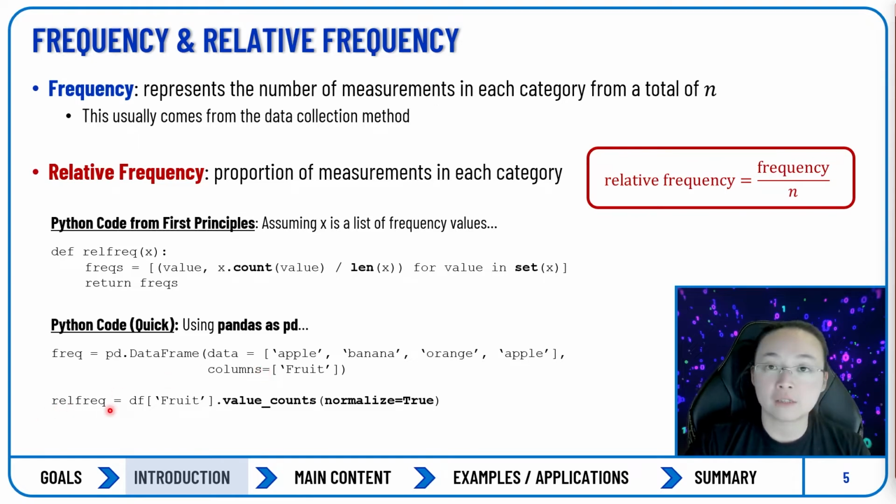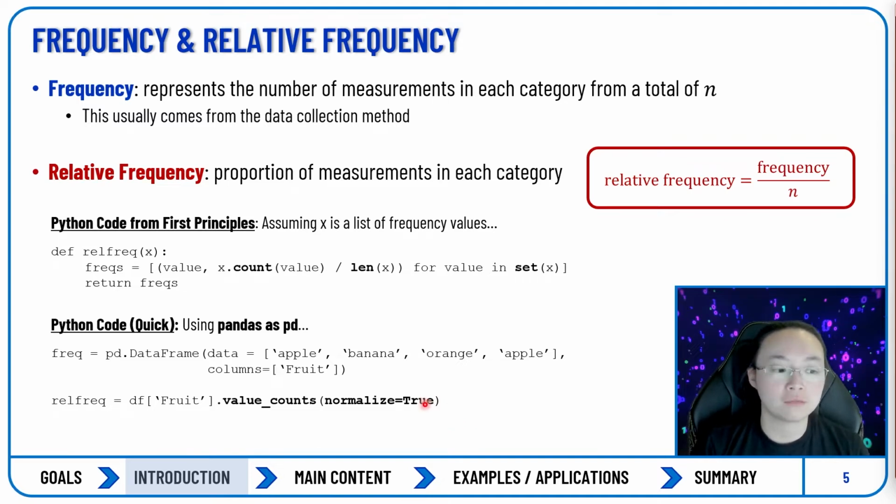So using the relative frequency equation, you can have relative frequency is equal to df. So from the data frame of fruit, we are going to count the values. So value_counts will give you the total number of values, but we want to also normalize. If you activate normalize, it will give you relative frequency.